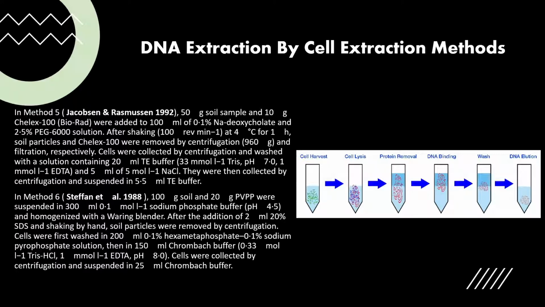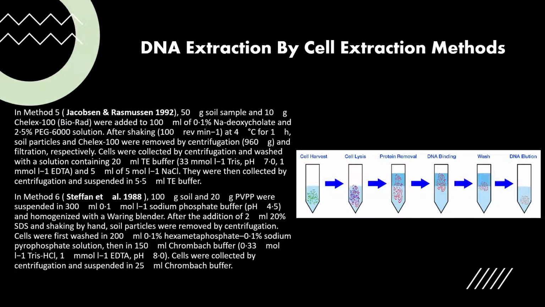After shaking at 4 degrees Celsius for 1 hour, soil particles and Chelex 100 were removed by centrifugation and filtration respectively. Cells were collected by centrifugation and washed with a solution containing 20 milliliter test buffer, and they were then collected by centrifugation and suspended in 5.5 milliliter test buffer.